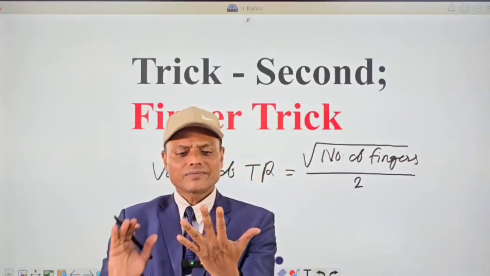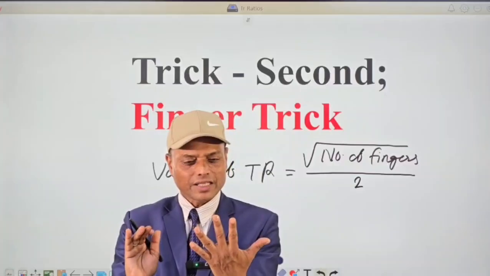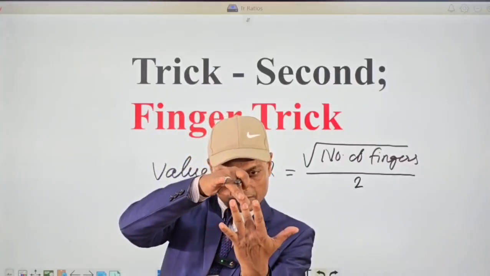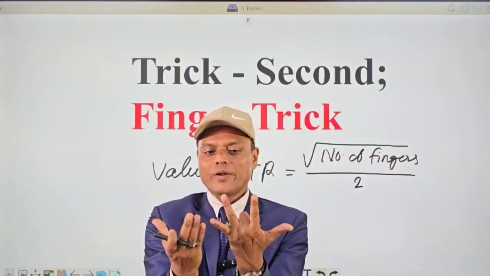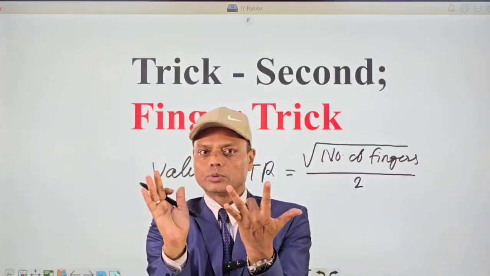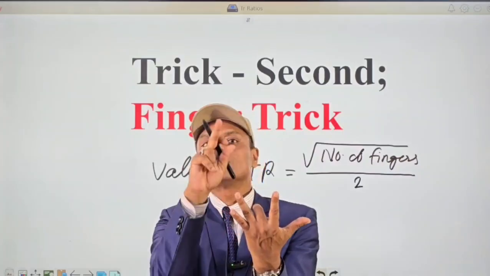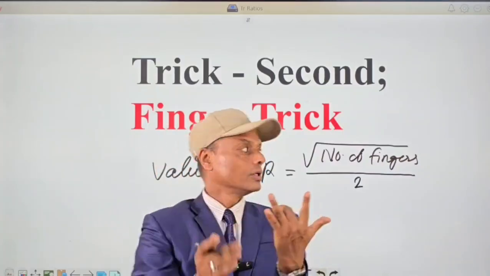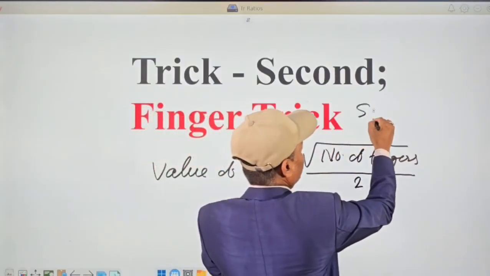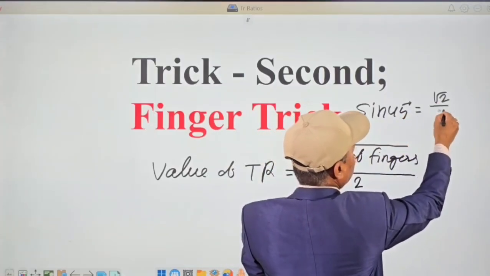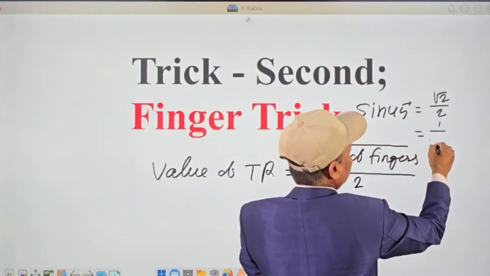Okay, let's find another value. Let's find the value of 45 degree. 45 degree means middle finger, bend it. How many fingers you have at sine side? 2. So sine 45 degrees is square root of 2 by 2. So here sine 45 equals square root of 2 by 2, and this is same as 1 by root 2.